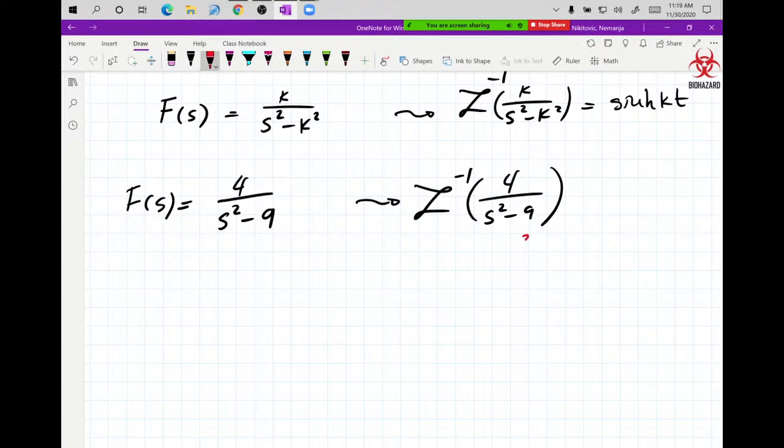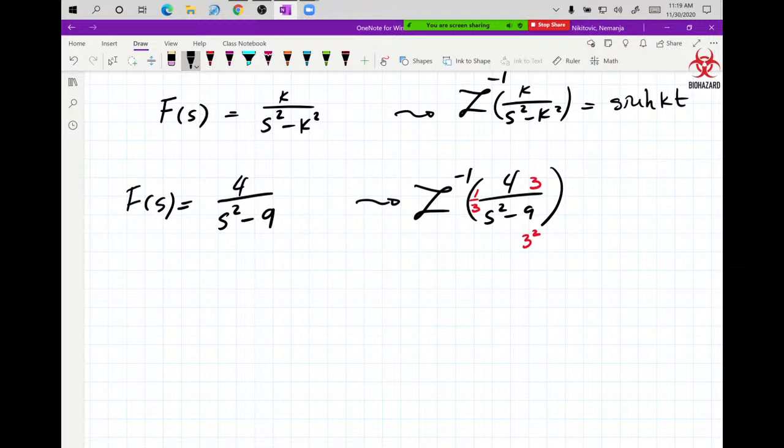This is 3 squared, which means I need a 3 on top because I need these k's to match. And this one kind of governs what you must have on top, because you can't really change that 9 because there is a subtraction. The 4 you can massage any way you want up there, but the 9 you can't. So because that's 3 squared, you have to have a 3, which means you have to have 1 over 3 in front to balance the 3 you put out of nowhere on top.